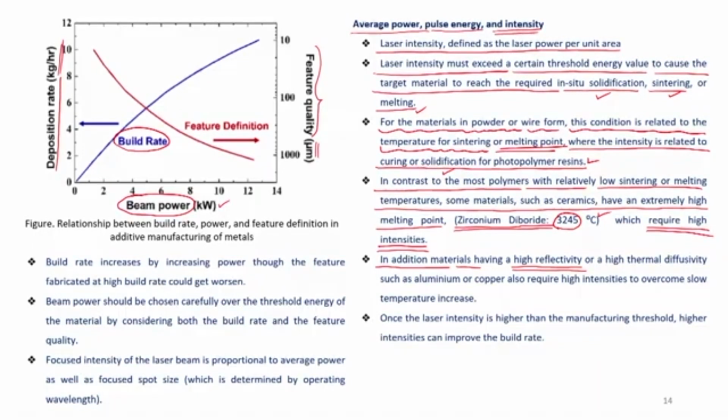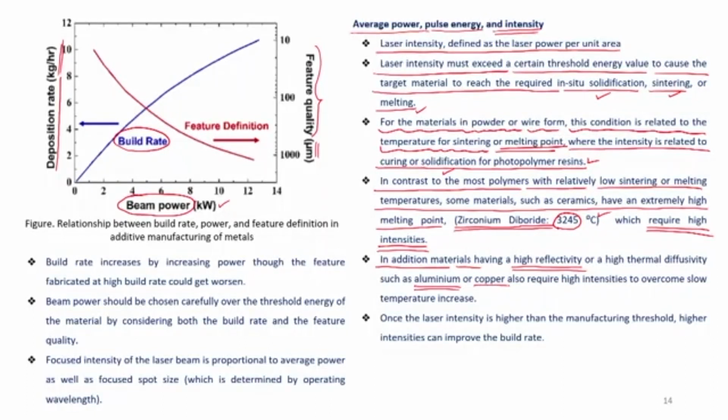So, when we want to process highly reflective materials such as aluminum and copper, we have to apply more and more intensity to get the required work done and overcome the slow temperature increase. Once the laser intensity is higher than the manufacturing threshold, higher intensities can improve the build rate. So, to improve the build rate, we have to apply high laser intensity.